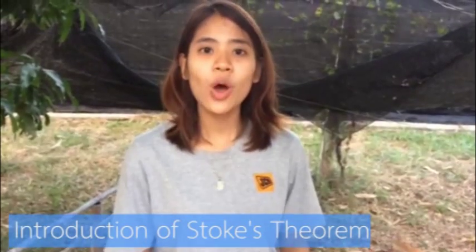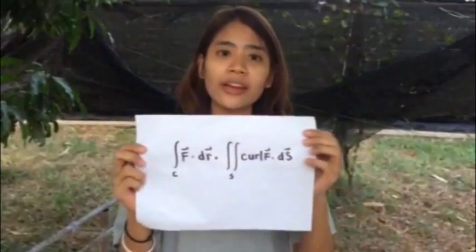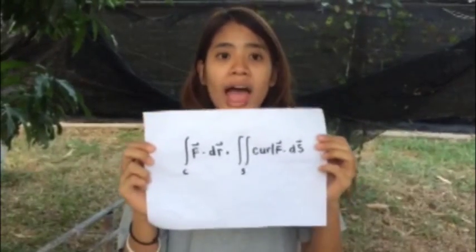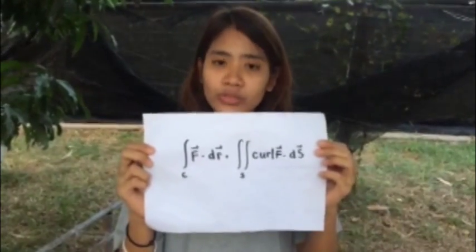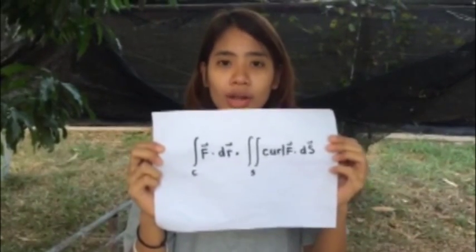In this section, we will take a look at a theorem that is a higher dimensional version of Green's theorem. This is Stokes' theorem. We are going to relate a line integral to a surface integral. Let S be an oriented smooth surface that is bounded by a simple, closed, and smooth boundary curve C with positive orientation, and also let F be a vector field.